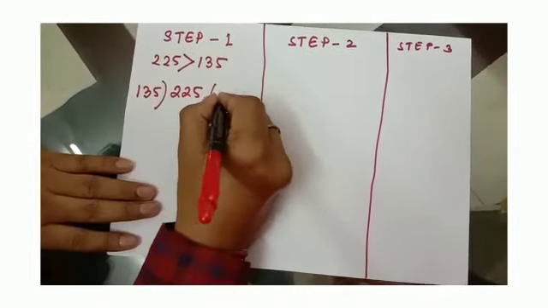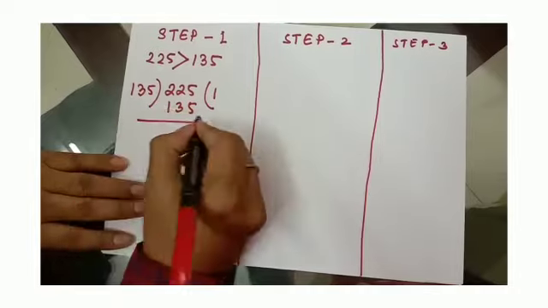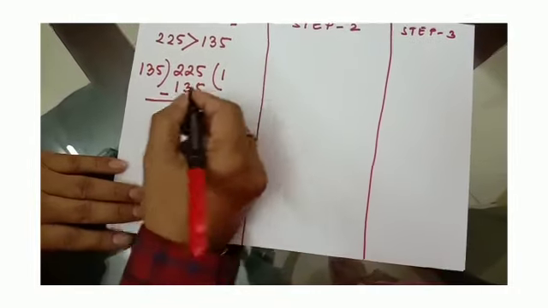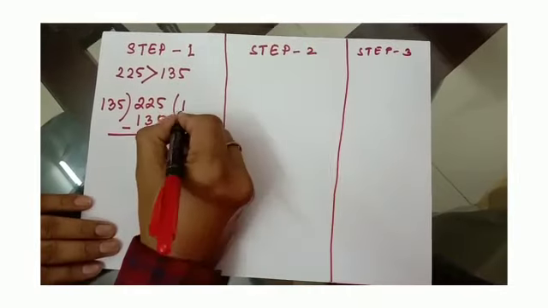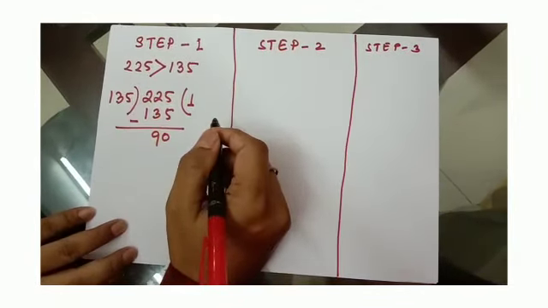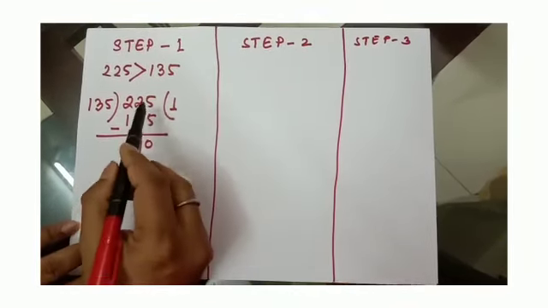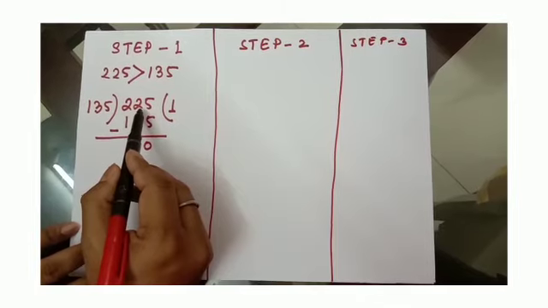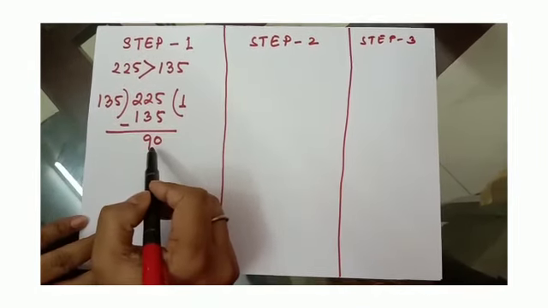So 135 ones are 135. When you subtract, you get the remainder 90. In class 9 you have already learnt the remainder theorem, and you know that dividend is equal to divisor into quotient plus remainder.